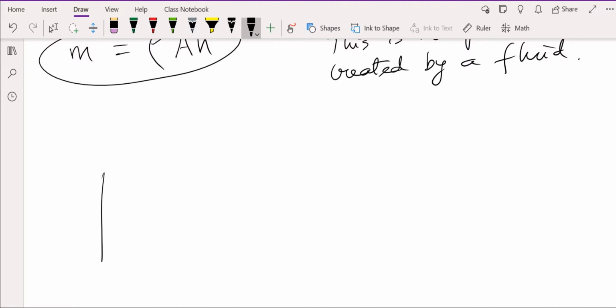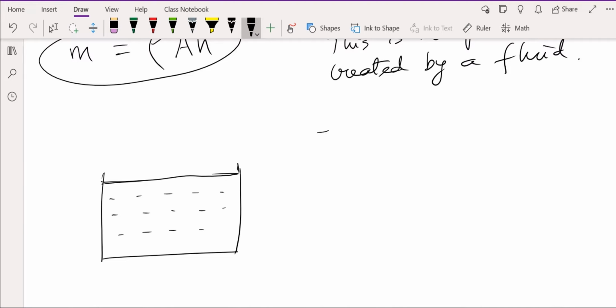This is a fish tank. And then I've got another measuring cylinder.